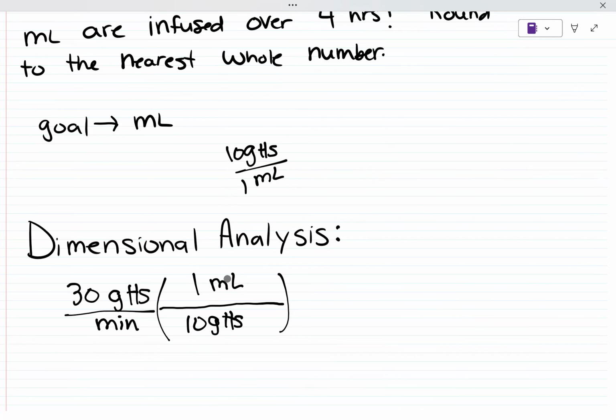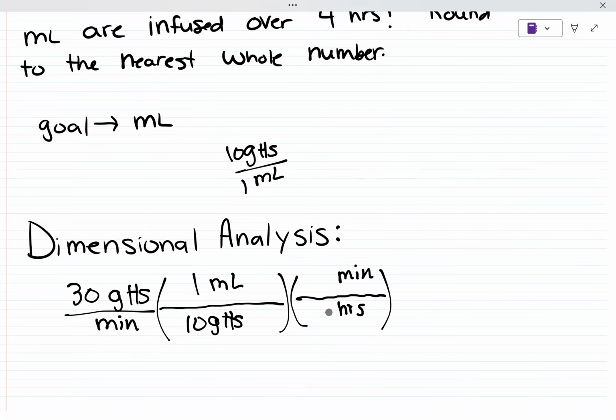Is this it? Should I do one more conversion? Yes, because our goal is to get only milliliters. That means I have to get rid of the minutes. So what do we know about minutes and hours? For 1 hour, there's 60 minutes. So I need to put minutes on the top because that's the only way to get rid of the minutes, and hours on the bottom.